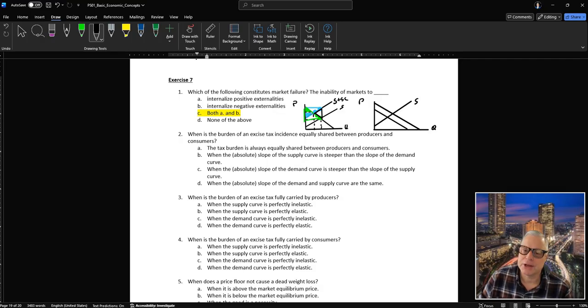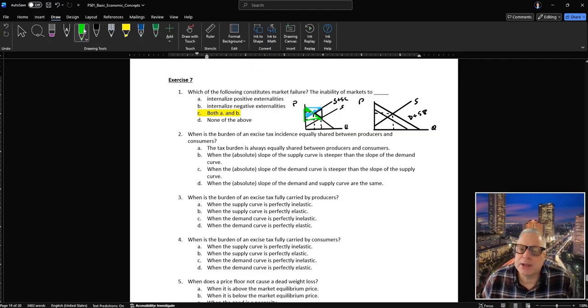So we get a much higher utility. So we have here the demand plus the social benefit. So positive externality is typically displayed on the demand side. So now we see that the social optimum, what should prevail, is this equilibrium here. So this is the social optimum.